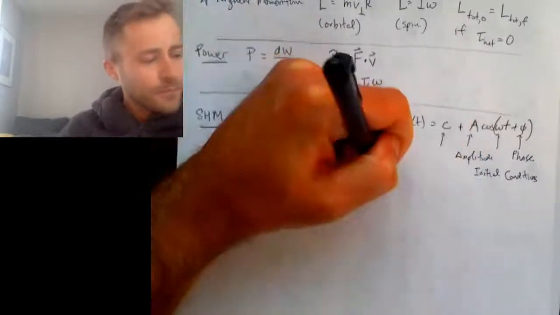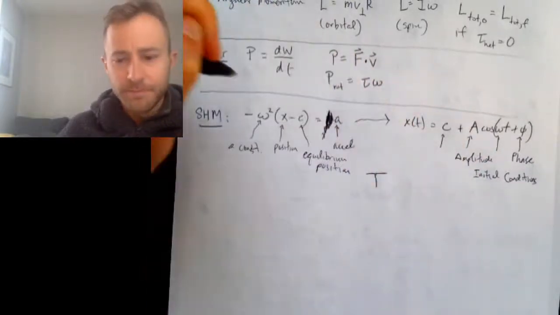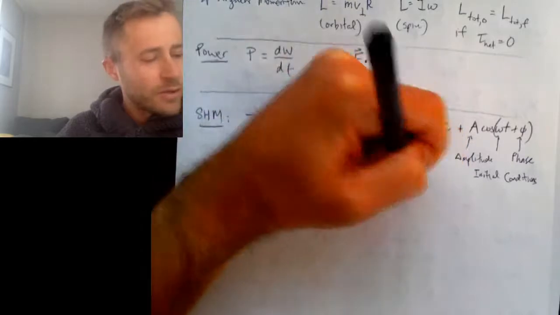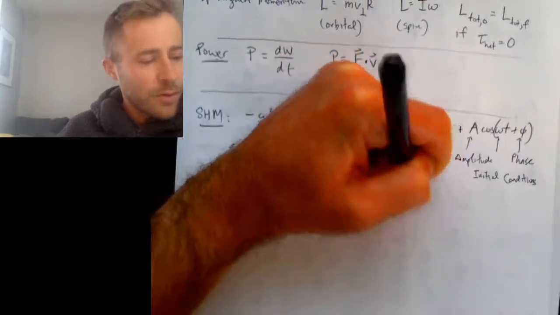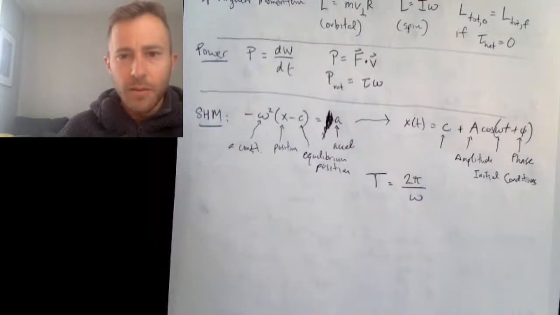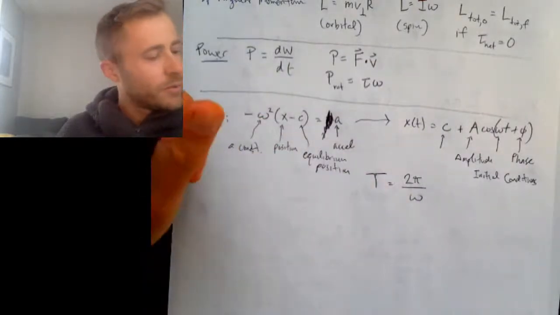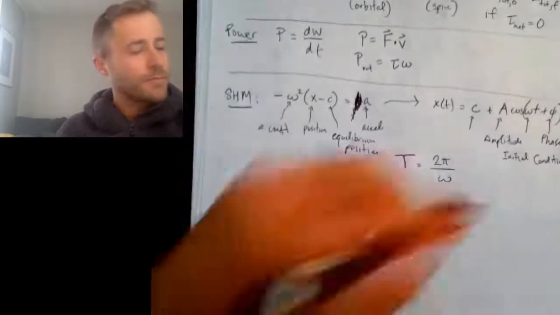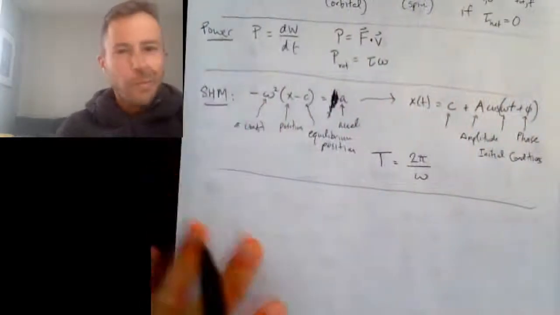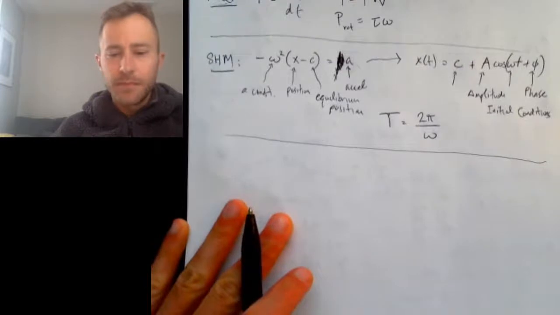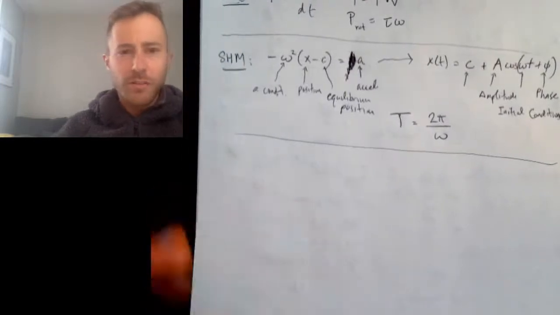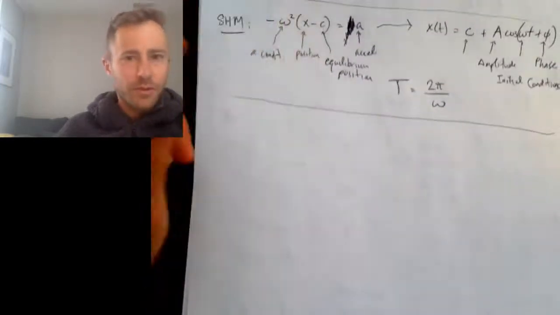Omega is related to the period according to the equation T equals 2 pi over omega. So that's really useful to know the period of simple harmonic motion. Okay, so we looked at a couple of typical systems in simple harmonic motion.